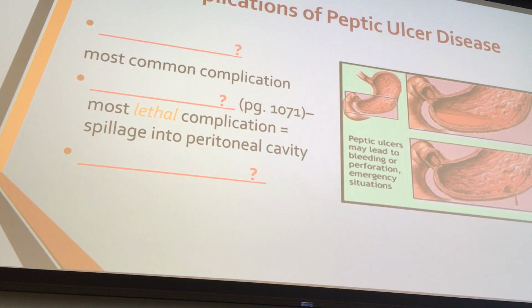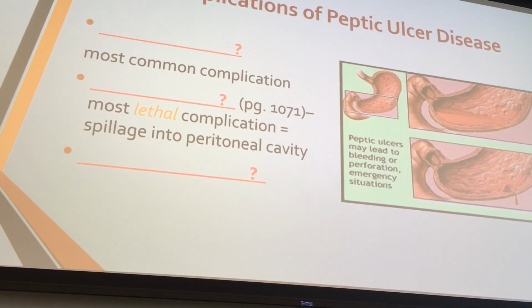If you have a perforation, that could be even worse, because bleeding is kind of a slow bleed, and perforation is really the most lethal of the complications. The worst thing about it is that you can have the spillage go right to the peritoneal cavity. And if you have an obstruction, you know what that means. Basically, everything's just backing up.